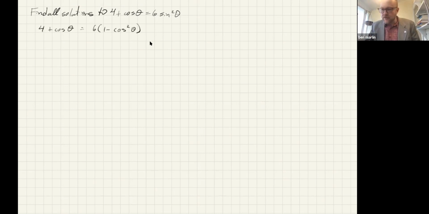Okay, don't drop that theta. And so that means that we actually have 6 minus 6 cosine squared theta over there on the right-hand side. So pulling it over to the left-hand side, we would have 6 cosine squared theta plus cosine theta, and then minus 2 after you subtract that 6 is equal to 0.